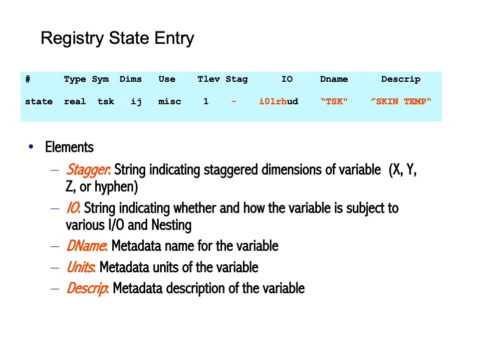Continuing on, the rest of the elements include the staggering, and this can be either the letter X, Y, Z, or a hyphen. An X staggered variable would be the U variables, for example. Y staggered would be a V variable. A Z staggered would be vertical velocity W or geopotential.